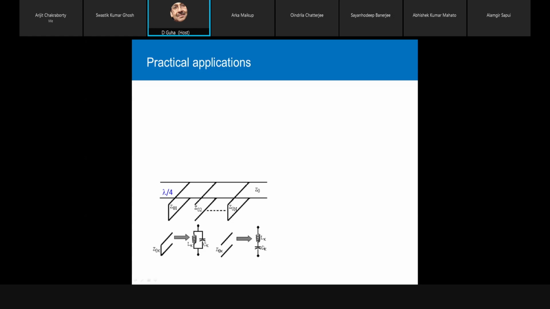It is obviously resonant because it depends on the length, it depends on particular omega, so they are frequency sensitive. That's why it is resonant. But the nature of resonance depends on the impedance or vice versa.